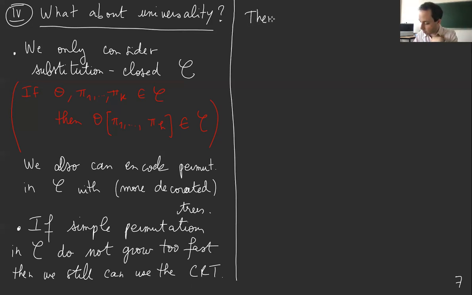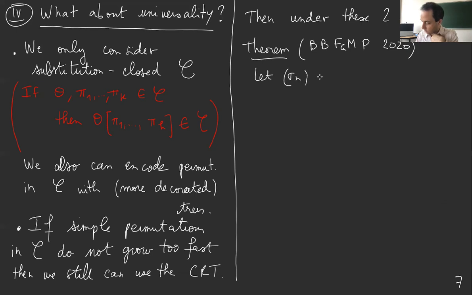Then under these two assumptions, we still have a result, again with Frédéric, Mathilde, Valentin, Michael now, Adeline, and myself, 2020. Then let sigma n be uniform in C of size n.